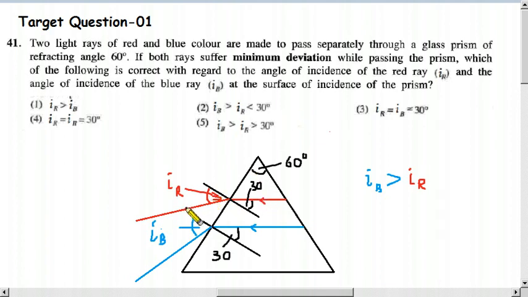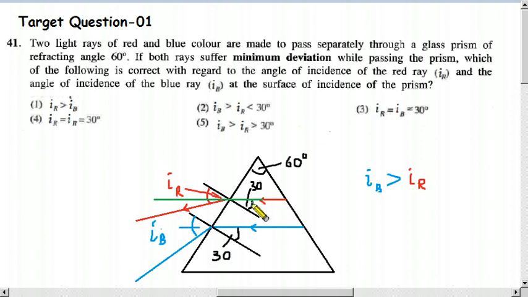So like that we can reverse the ray, because there is a principle called the reversibility property. If I extend this ray using a green color, it goes this way.